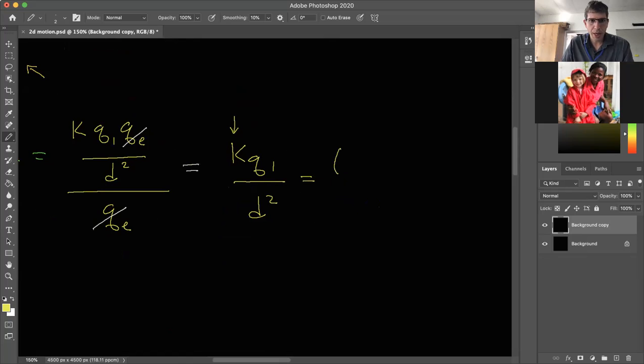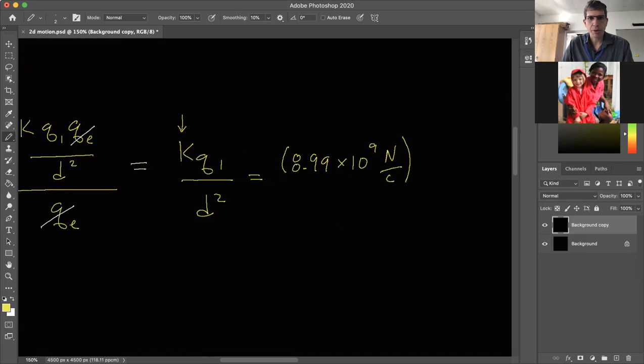So if we just use K as 8.99 times 10 to the 9th, and that would be in Newton meters squared per Coulomb squared, we're going to multiply that by this charge Q1, which was -6 times 10 to the -3 coulombs. And then we're going to divide that by 0.4, square the whole thing.